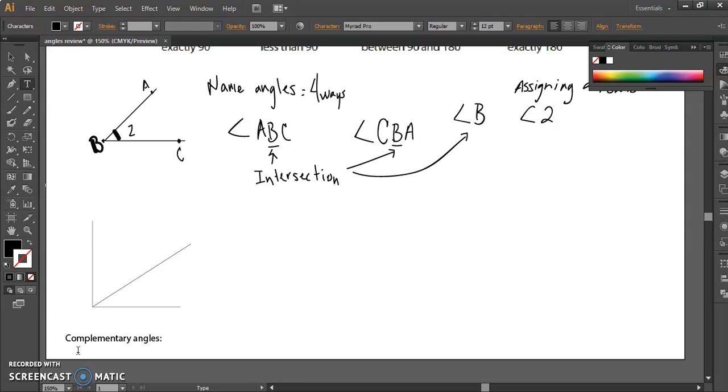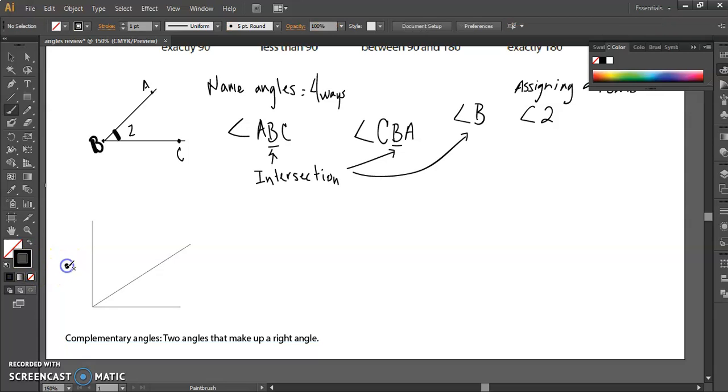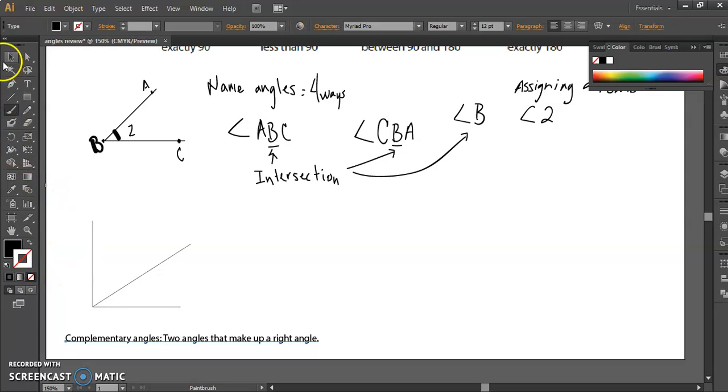Okay, and they are 2 angles that make up a right angle. Okay, now I am going to name the points of this angle so I can get started.